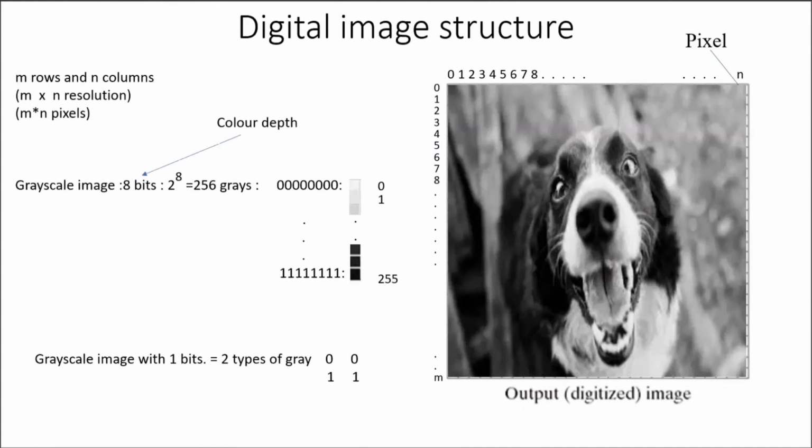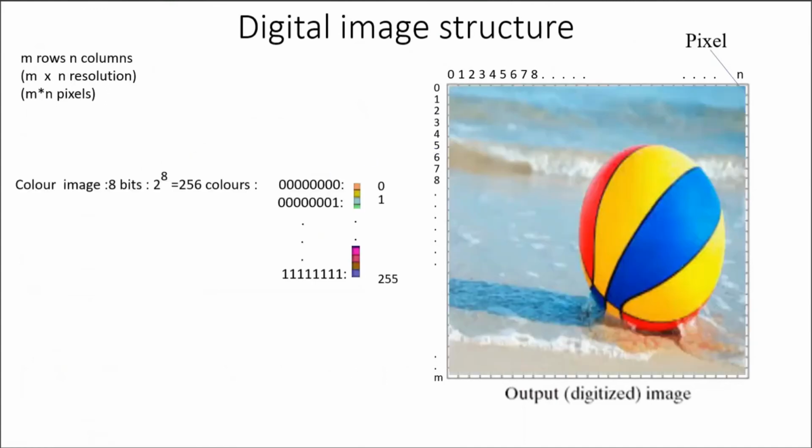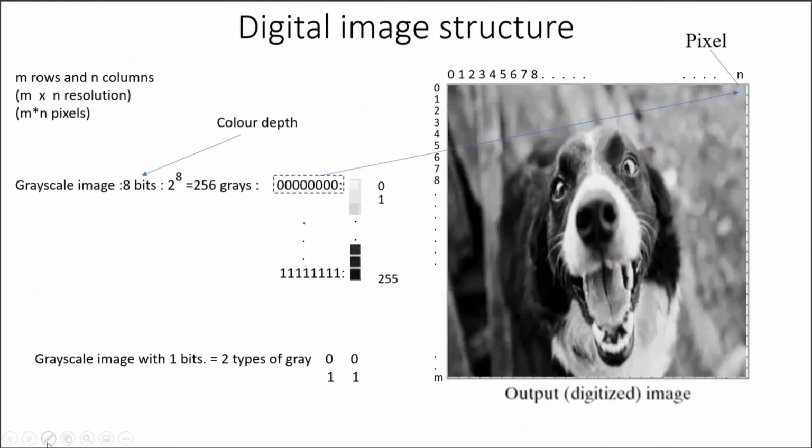Now we move to another one, the color image. Remember, we have grayscale; we also have color image, monochrome, binary, whatever you call it. So this is only grayscale and color. When you set color image, it becomes like this.